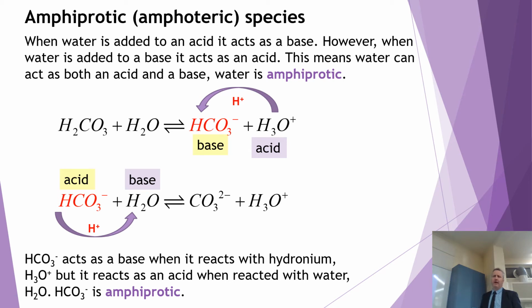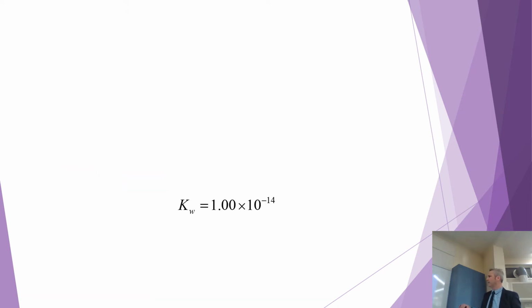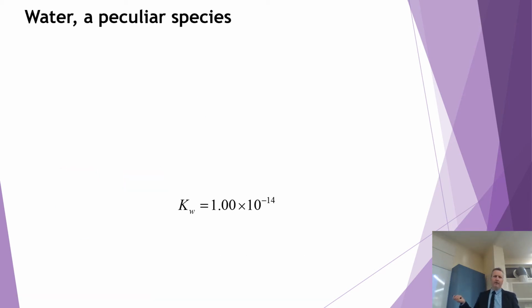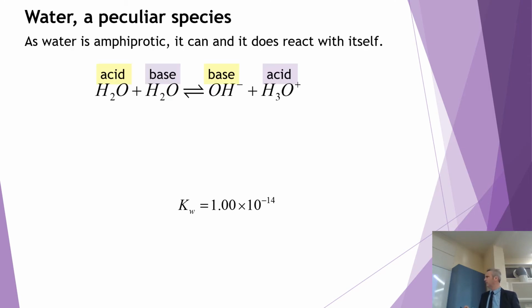So one peculiarity about water: if water can act as an acid and a base, can it react with itself? Here's an example of how water acts with itself. Here's water acting as an acid and water acting as a base. This one donates a proton, this one accepts it.